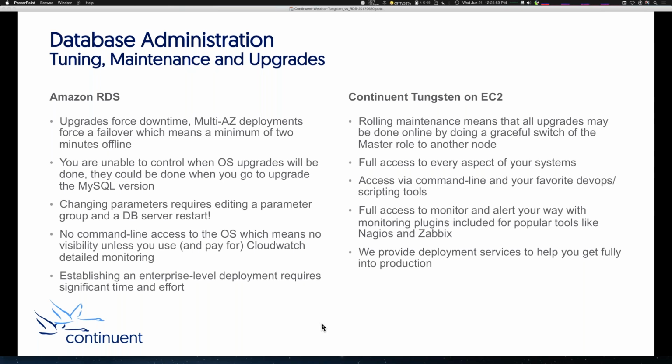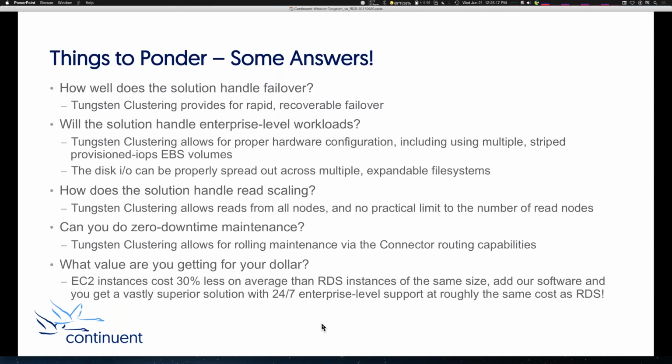You want New Relic? You got it. So in general, when you do things with Tungsten on EC2, it's business as usual. Things are not locked down. When you do things on RDS, things are really locked down tight, and it makes it extremely difficult to get enterprise level work done. So how well do we do failover?